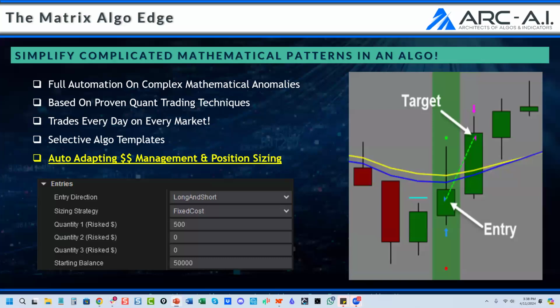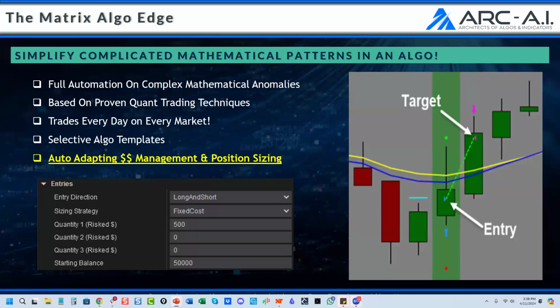If you're using an algo that has variable range bars, you have to use auto-adapting money management. Let me explain this. If you're using an algo that is using anything with different size candles, you need to learn what to do when it comes to auto-adapting money management.